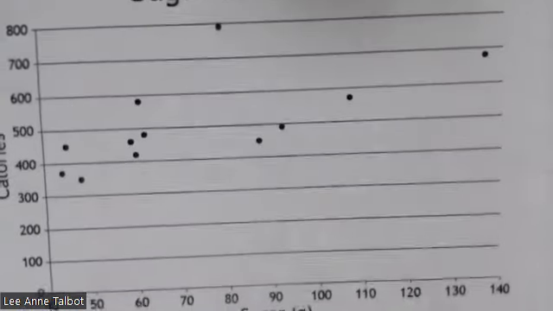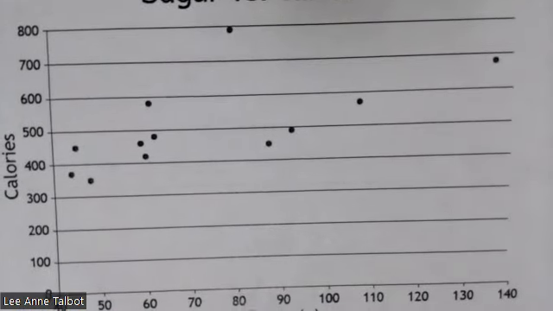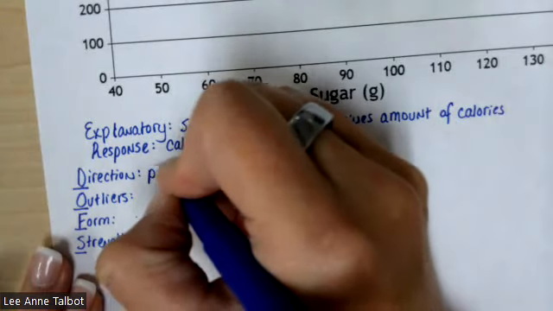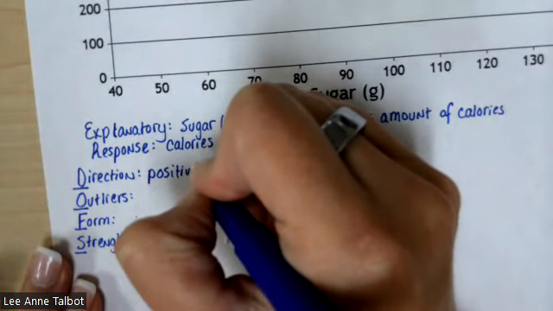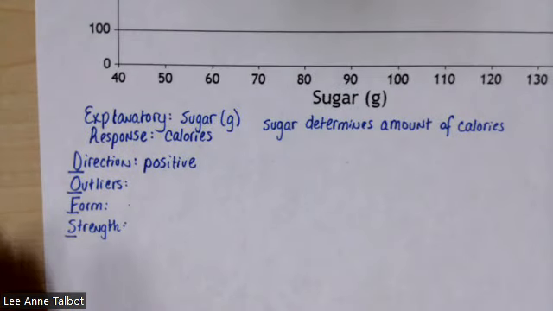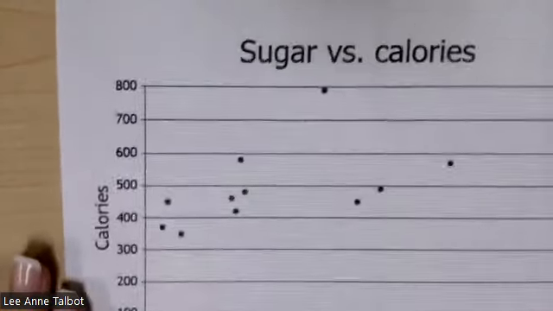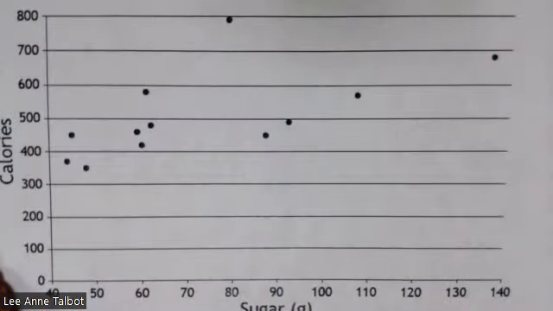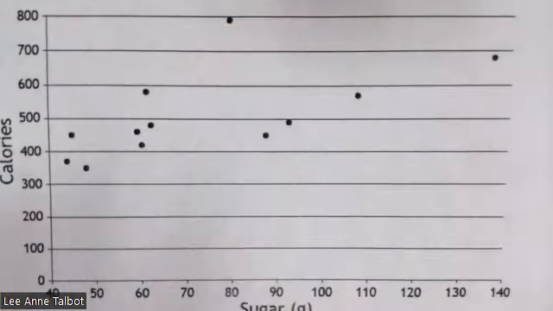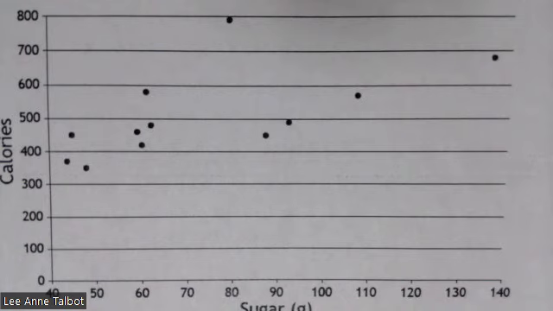Can you tell what the direction is? Positive, yeah. Very soon, we're going to add statistics to this that will prove that it's positive along with the picture. Outliers. Maybe this guy. If you notice in your packet, the actual coordinates are given to you on the next page.